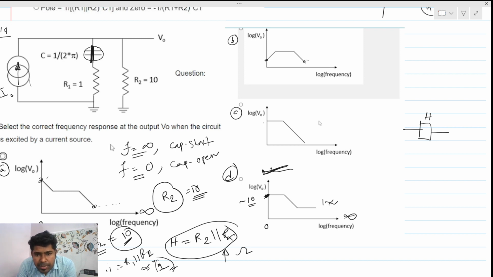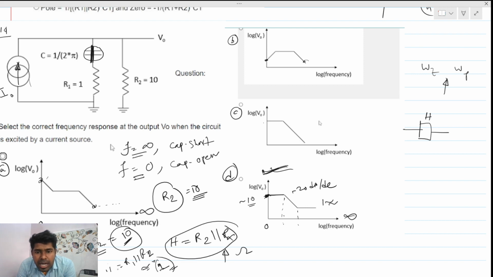So why is this happening? What is the insight into the circuit? We can see that one pole and one zero are present. If a zero and a pole are present, the gain is constant and then there is a dip of minus 20 dB per decade.